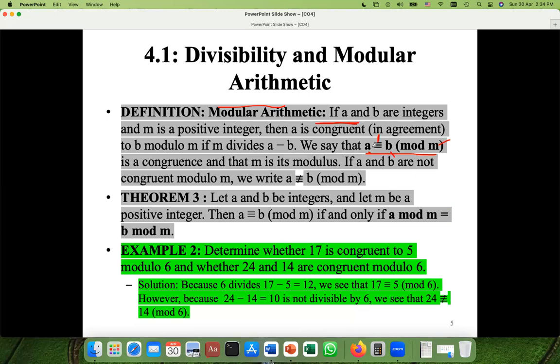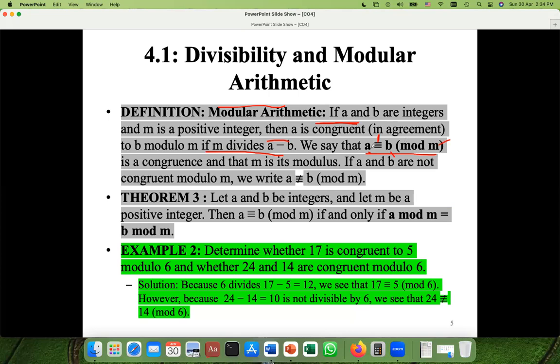Normally A is congruent to B modulo M if M divides A minus B. If this M, which is a positive integer, is dividing A minus B, that's the difference, the subtraction, you will have some value that is called A minus B. You can calculate A minus B by putting their numbers, values, into these variables.